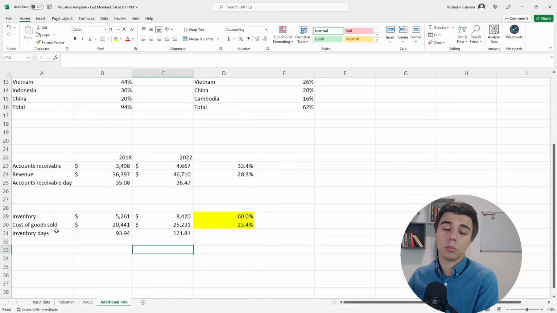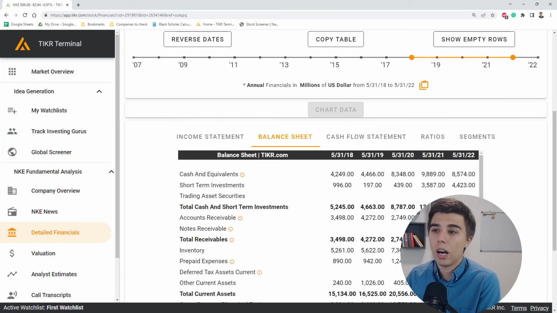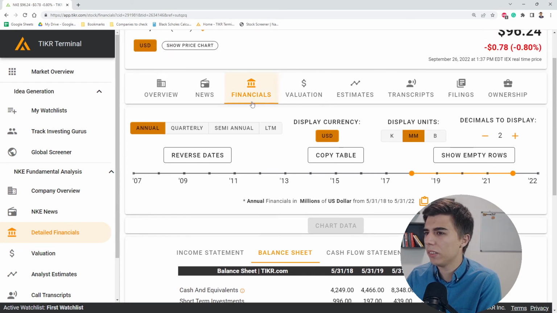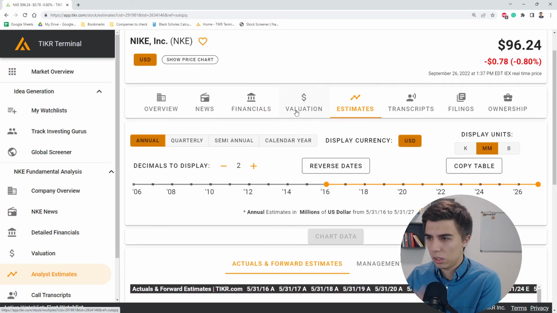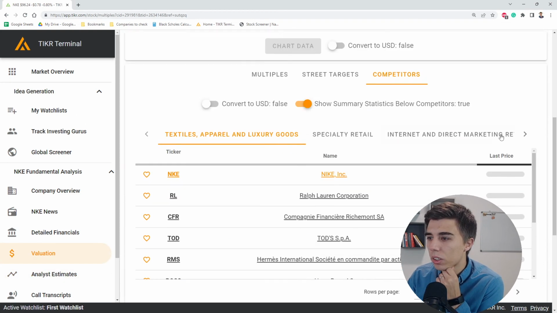So if I'm to invest in Nike, I would definitely pay attention to accounts receivable, definitely to inventory. This is a little bit high, also based on historical standards. I would also take a look at, for example, other competitors. I think they also have information about competitors here, right? Oh yeah, competitors.